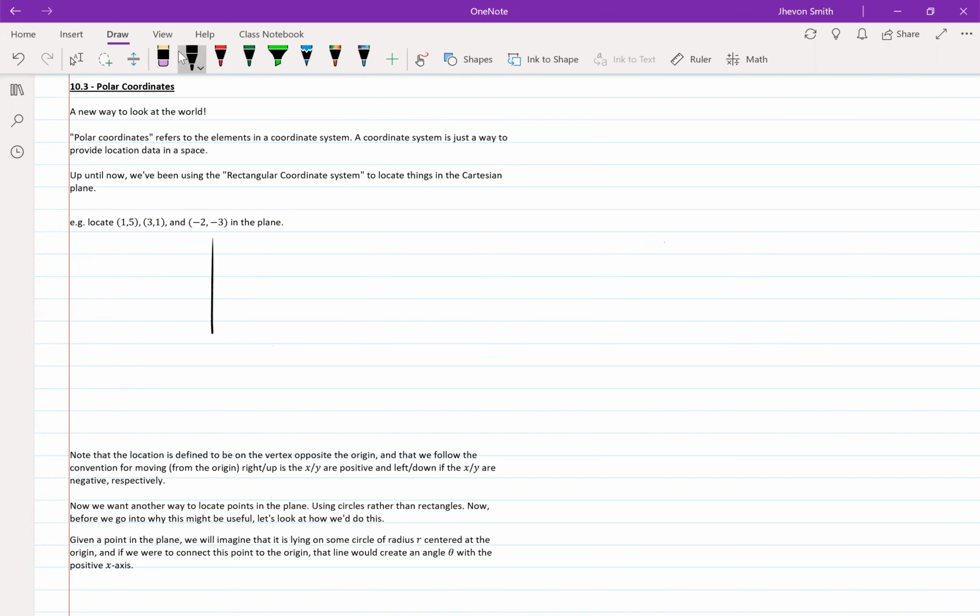here is the XY plane. And let's say we wanted to locate these points. How would we actually go about doing that? Well, to locate the point (1, 5), what is it that we did? Well, we understand that the first coordinate was the x coordinate, the second coordinate was the y coordinate. We move 1 on the x coordinate, and we go to 5 on the y coordinate.